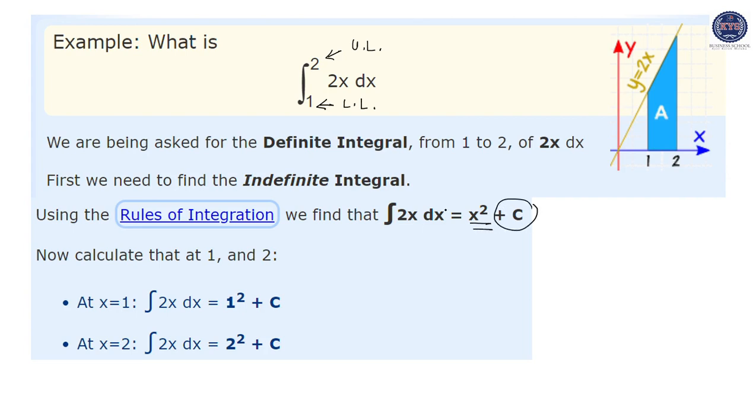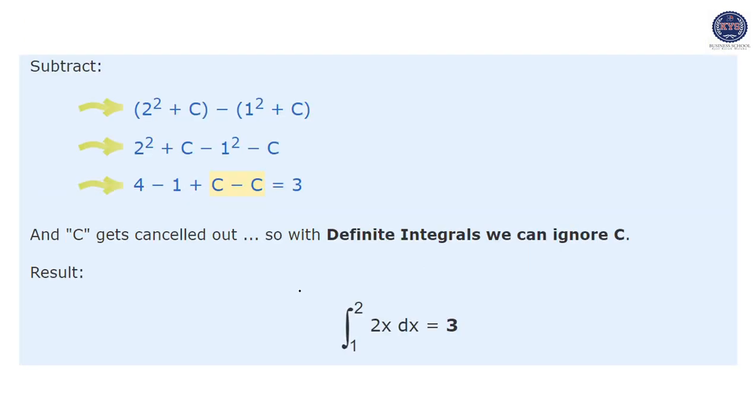But since we have a lower limit and upper limit, substitute both values of x. For the lower limit 1, substitute 1 into the result of integration, so 1 squared is 1. Then substitute 2, so 2 squared equals 4. So here you get 4 minus 1, and the answer is 3.